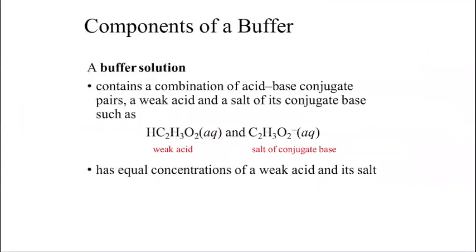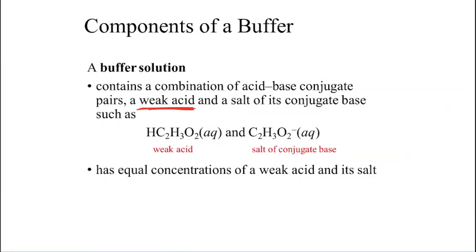So the first thing that we need to establish is, how do we make a buffer, okay? And this is the combo for buffers, okay? You need, for making a buffer, a weak acid. This is why it's important that you guys know what is a weak acid versus a strong acid.